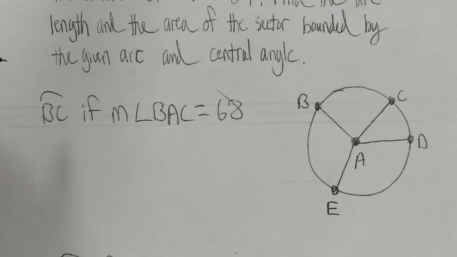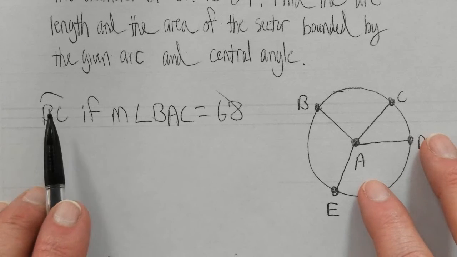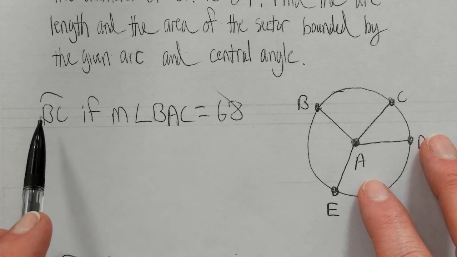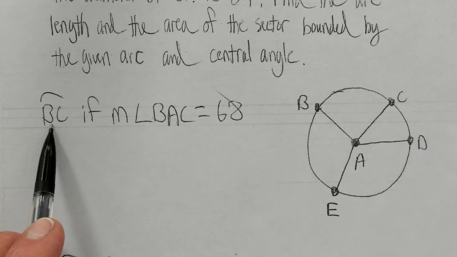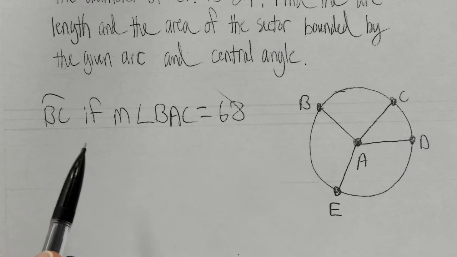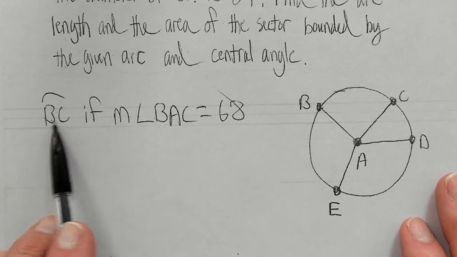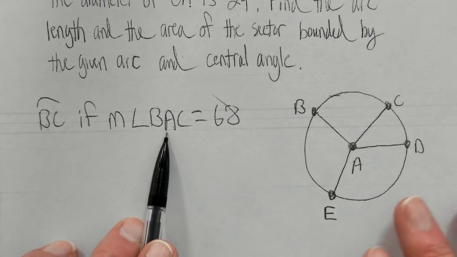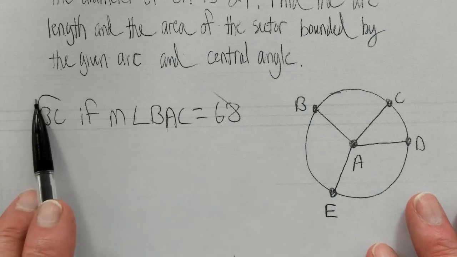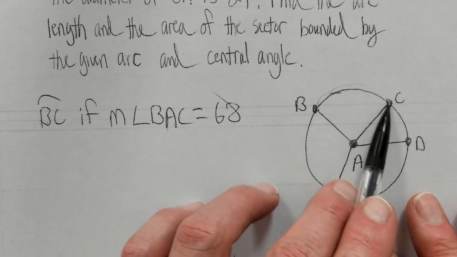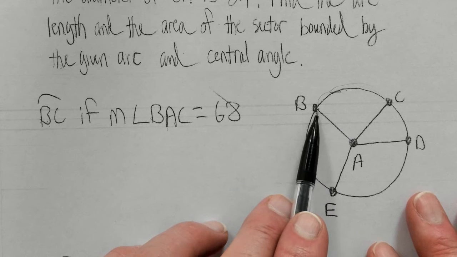So I want to find the length of arc BC and the area of the sector that's bounded by this arc and this central angle. So two things to find. Arc BC is here to here. I need to find the length of that arc.